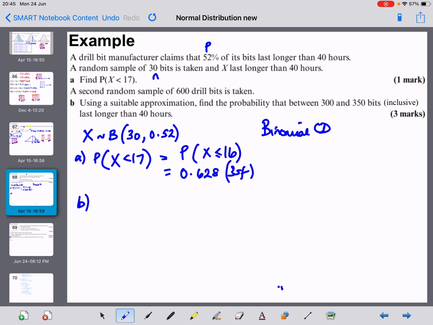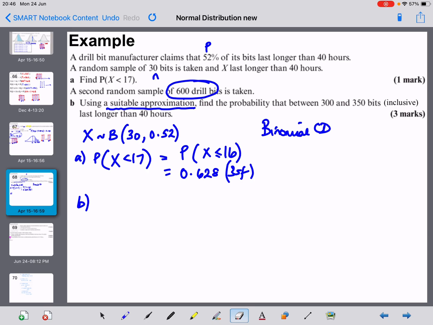Then it says a second random sample of 600 drill bits, now a large value for N, is taken using a suitable approximation. Okay, it doesn't specify a normal approximation, but you're only going to ever do one approximation. So if it ever says a suitable approximation, that's what it means.